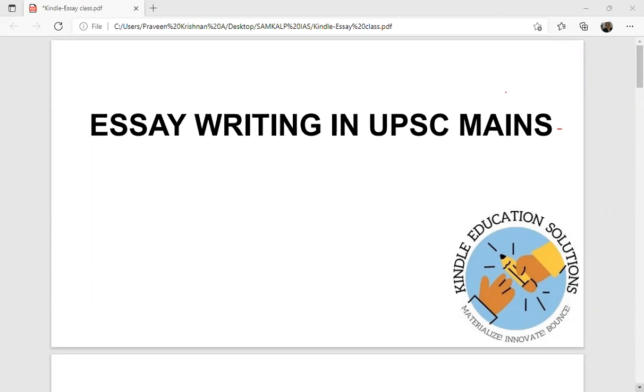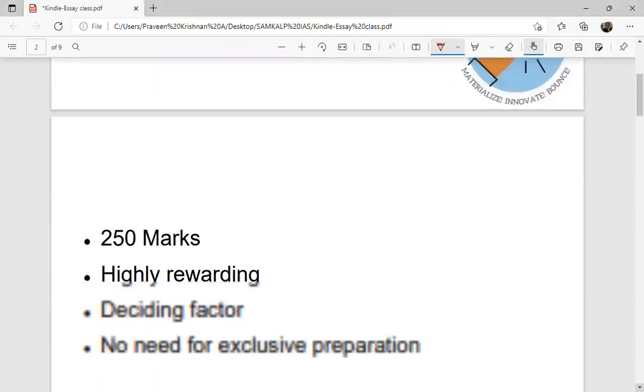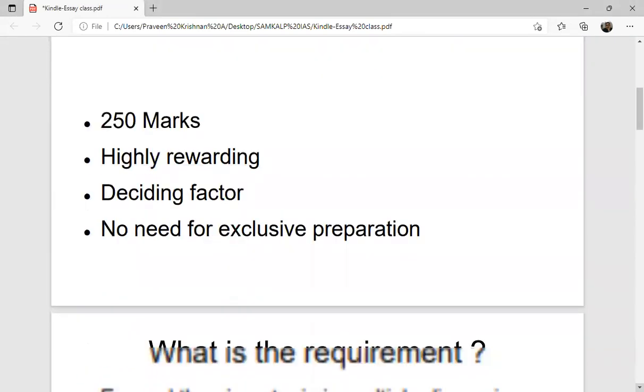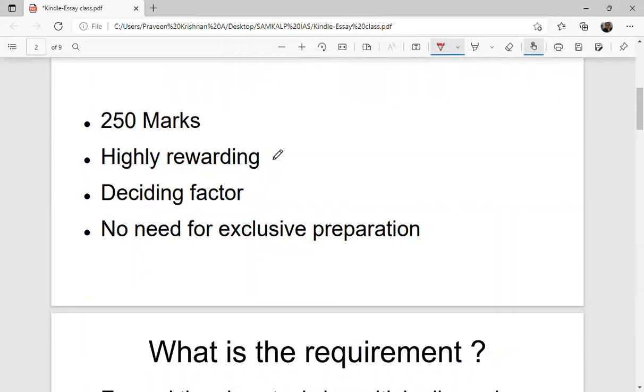And not just that, why we have to focus on the essay is because it's a highly rewarding paper. Usually, high scoring individuals score around 180 marks out of 250 in the essay paper, and last year's toppers scored around 134 marks in the essay.